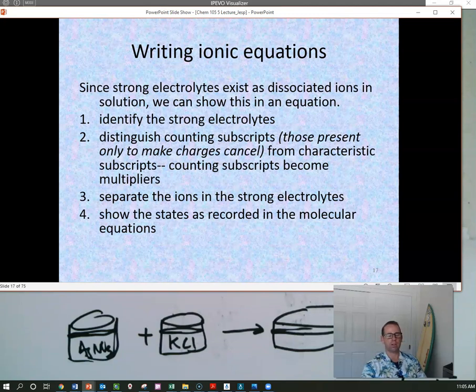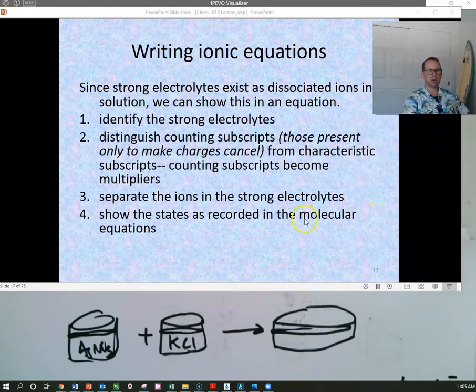And then we separate those ionic compounds into ions. And then we can show the whole ionic equation and find out what we call the spectator ions, the ions who aren't doing any chemistry.